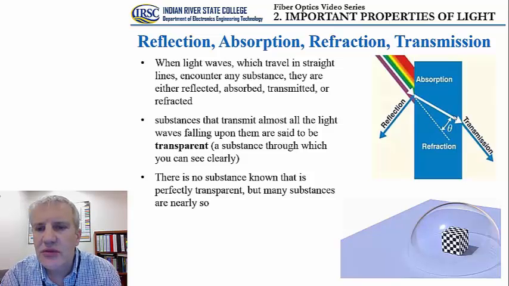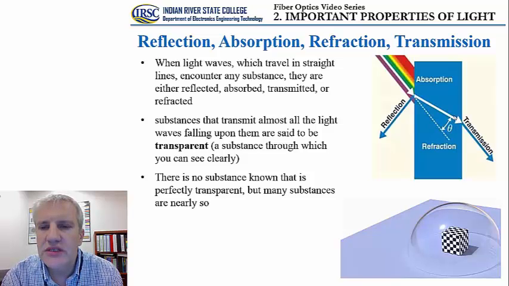Reflection is similar to the reflection of any other wave. If you have a water wave, a wave in the ocean that's hitting some sort of obstacle, some sort of wall, that wave is going to be reflected. In a similar way, light is also going to behave like that when it hits some sort of boundary between two media.